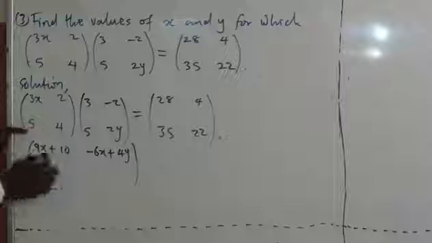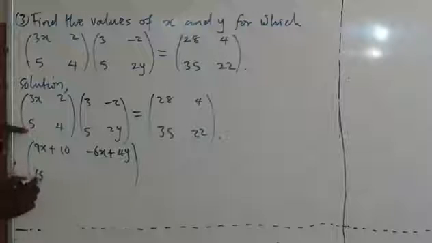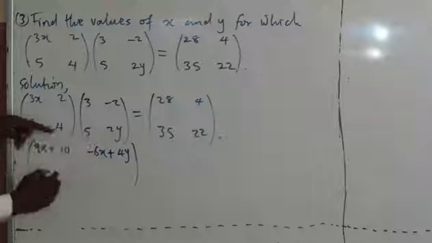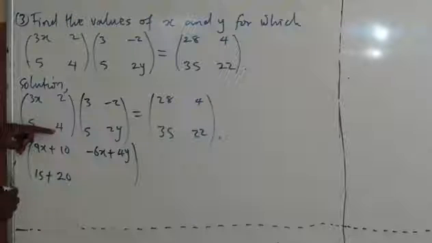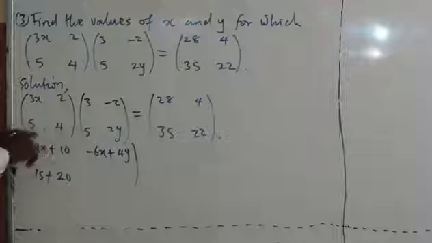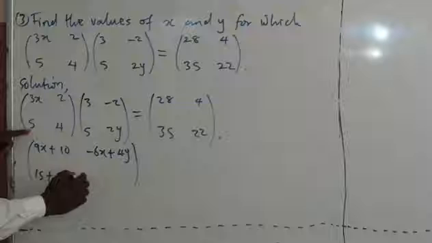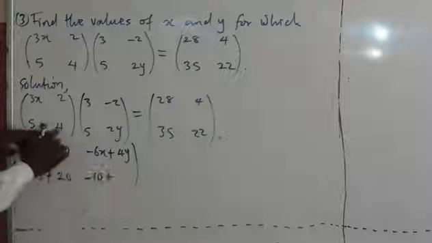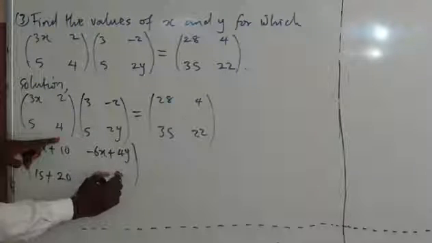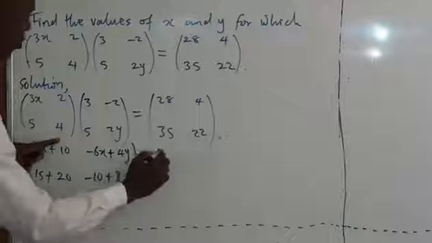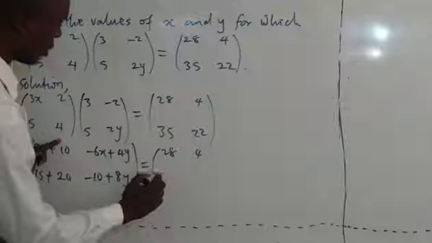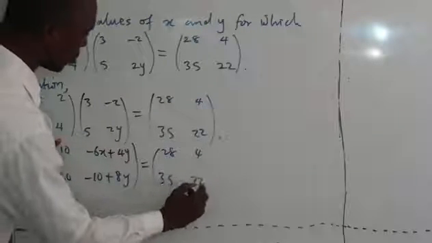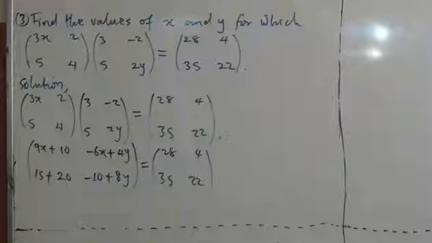Then 5 multiplied by 3, that's 15, plus 4 times 5, 20. Then we have 5 multiplied by minus 2, that's minus 10, plus 4 times 2y, that's 8y, equals 28, 4, 35, 22. So we have these two matrices.